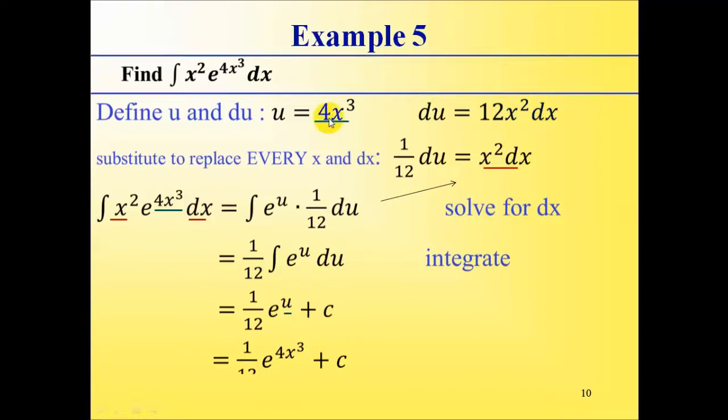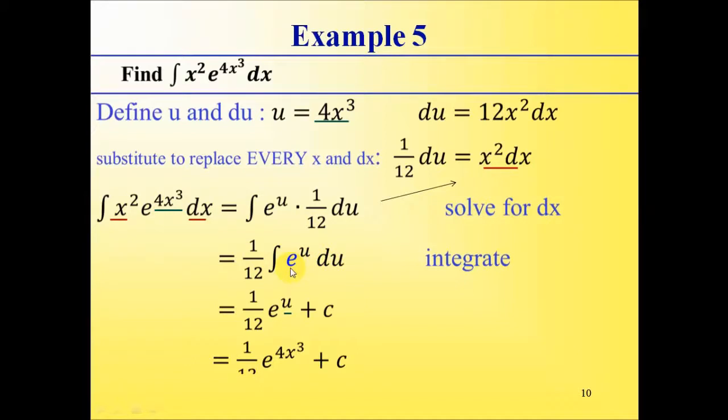So in here, in this equation we have x squared and we have dx. So x squared times dx we can replace with 1 over 12 times du. And the exponent with e in here we can replace with u, and the 1 over 12 we can take in front of the integral, and we only integrate e^u du.